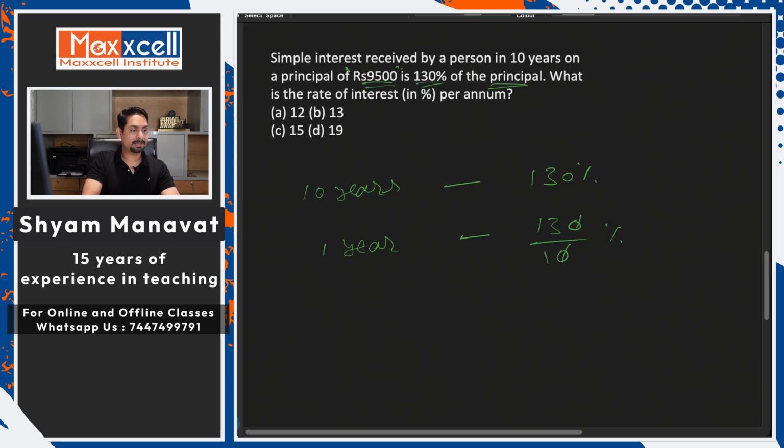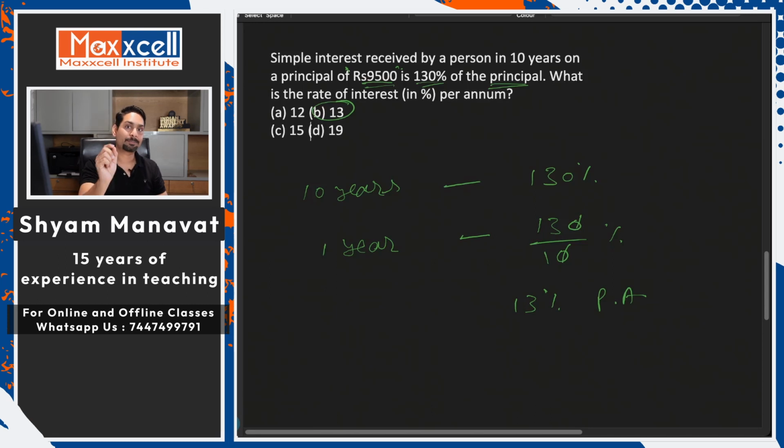So it should be 13% per annum. That should be your rate of interest. I hope that's clear to you, because in simple interest the interest increases with the same value.